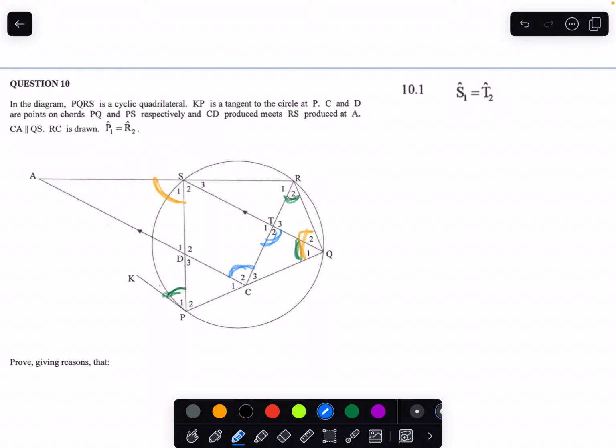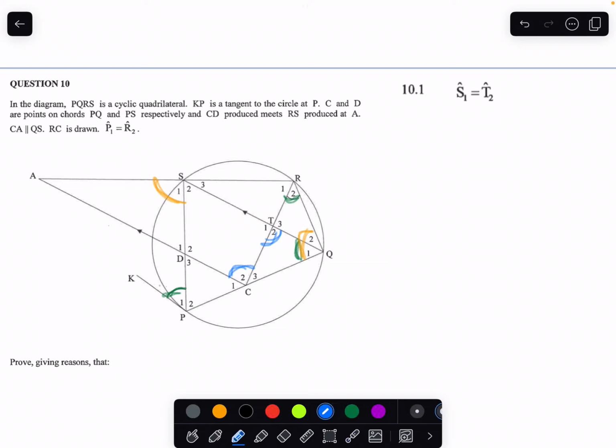So we want to show that T2 is equal to S1. So T2 is also orange, so the same as showing that this is orange.